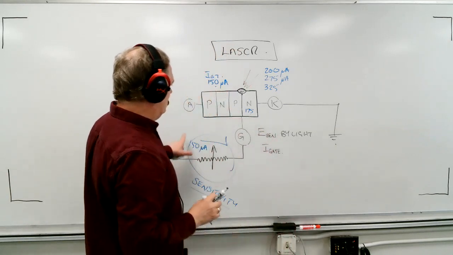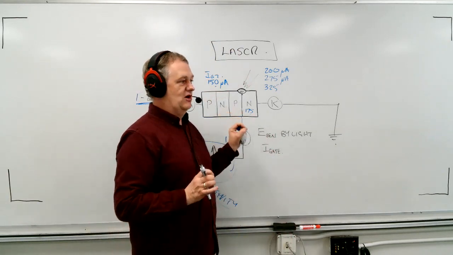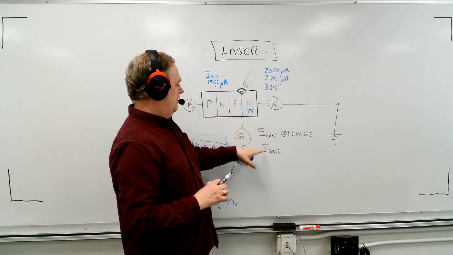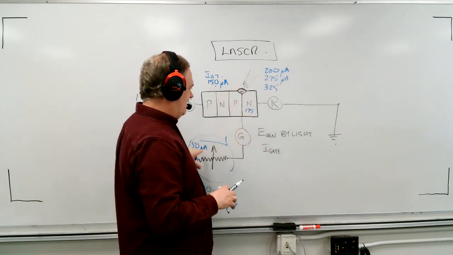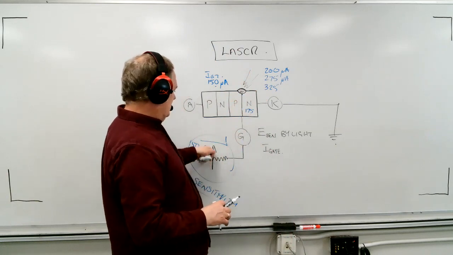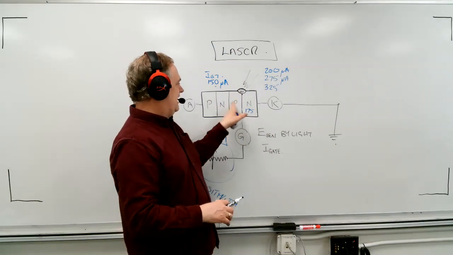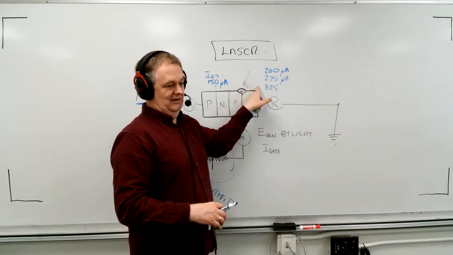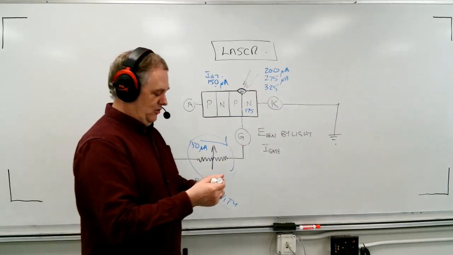And what you're literally doing when you do that is you're draining off the current that is produced by the light making that voltage, and you're getting rid of it. And if you actually change this value to a higher value of resistance, then we'll get the gate current we need with less light. Okay, so this is how the sensitivity dial on a photocell actually works.